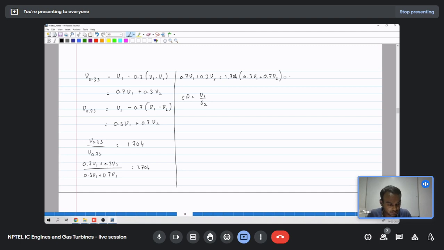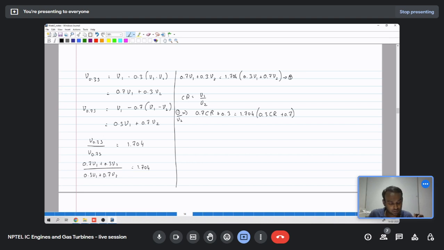So we have this equation 1. We divide by V2, then we have 0.7 V1 by V2, and I write V1 by V2 as compression ratio, plus 0.3 equal to 1.704 times (0.3 of compression ratio plus 0.7).